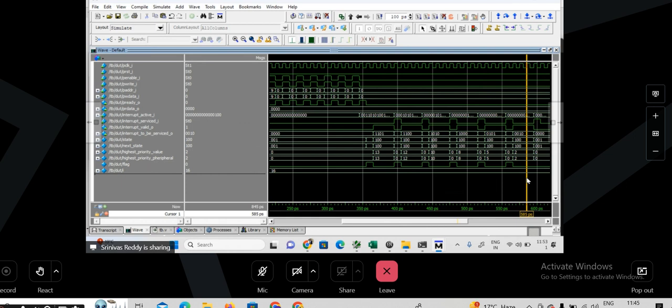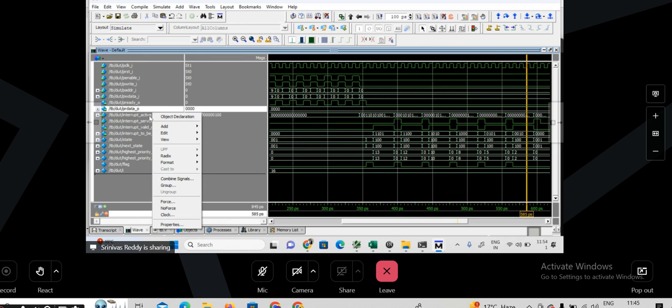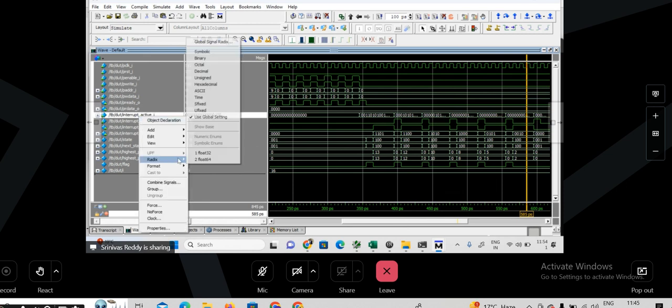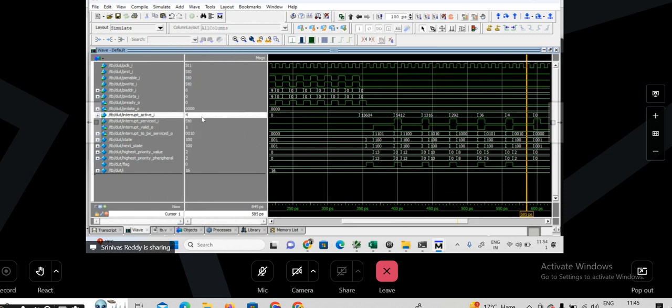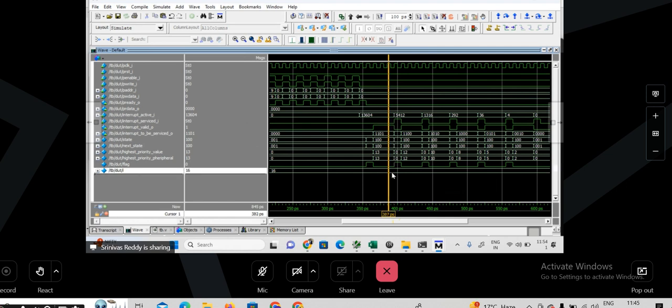One test case is where all the indexes I'm giving the same value, 0, 0, 1, 1, 2, 2. And the second test case is where for 0 I'm giving 15, for 1 I'm giving 14, for 2 I'm giving 13, so on. This is how it is prioritizing. Are you understanding? Yes.